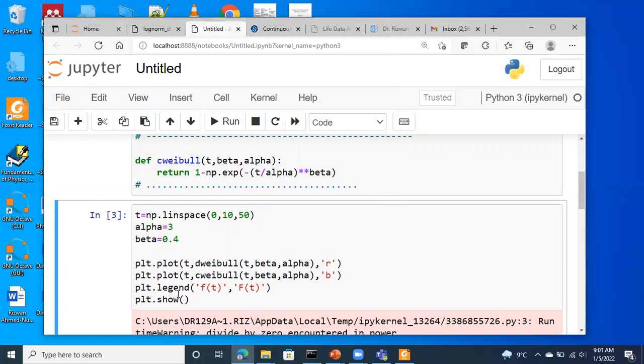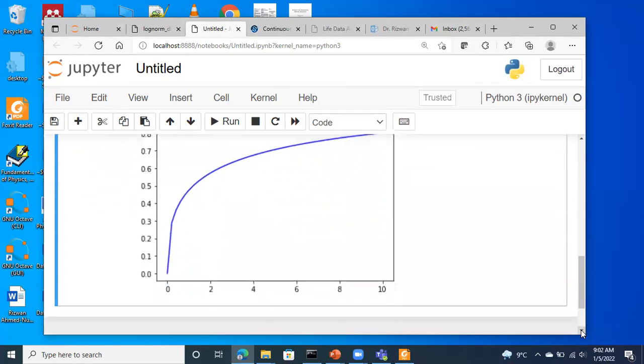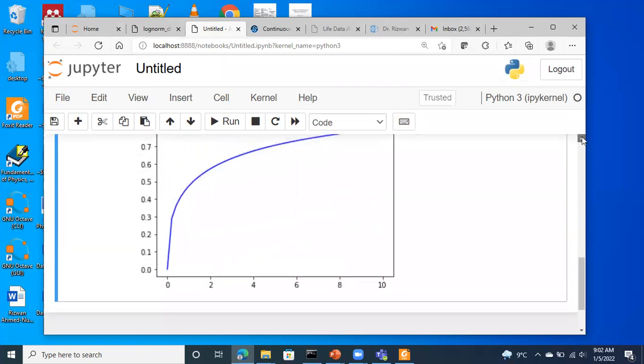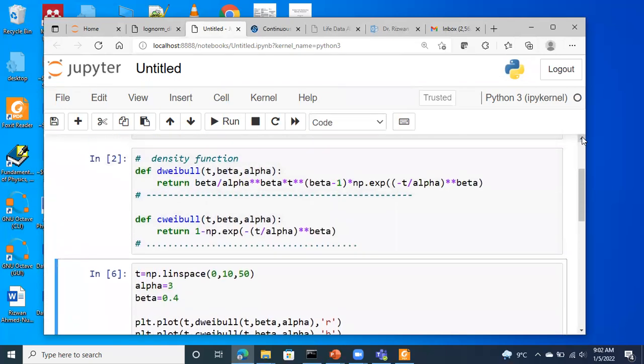Okay, again try. There is a problem with the legend. So one plot has been developed, but for the other we have some problem.